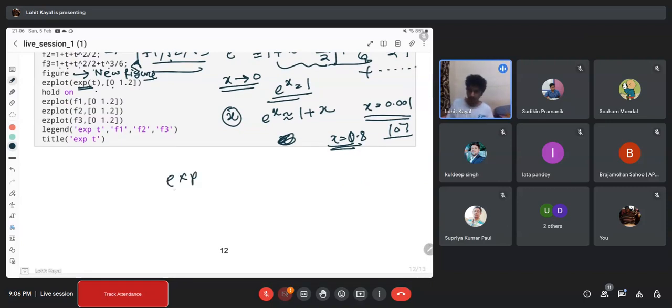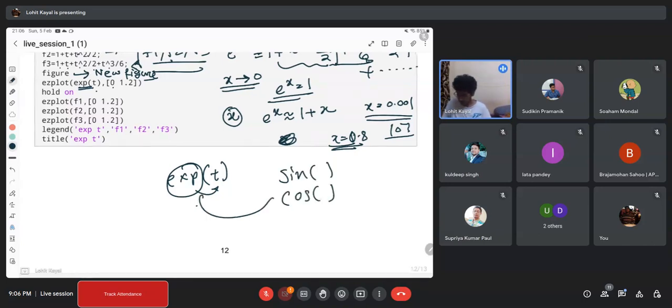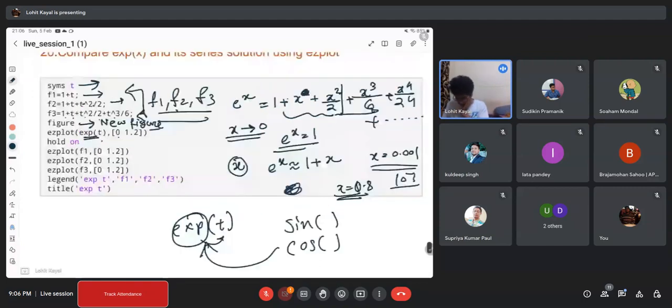Exp of t in MATLAB will take the exponential value, like sine and cosine, this is another command. Probably I haven't mentioned it during this lecture. So this is EZ plot exp of t and the limit is 0 to 1.2.